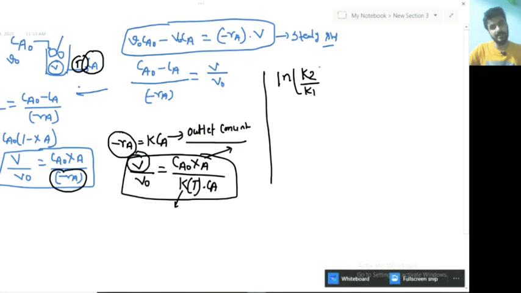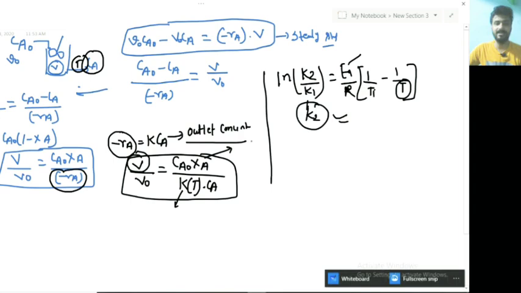If EA is given, then you have to take the value of R as 8.3142. Now Ti is given, T will be given. From here you can calculate the value of K2, and if you have calculated the value of K2, you have to put it here. Now you can calculate the value of V.